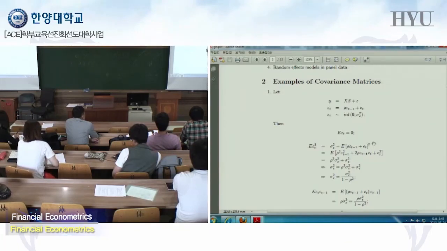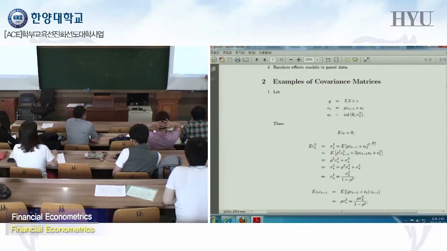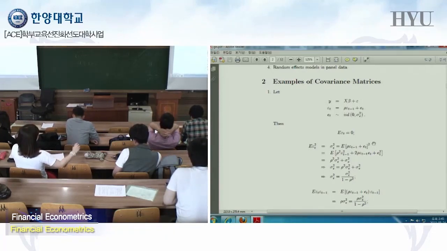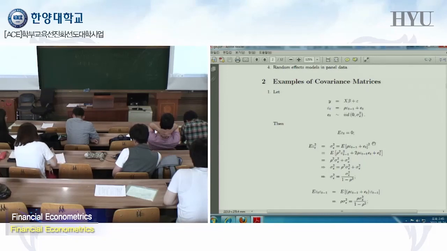Okay? It's just 1 period ago. So that's why we call it the AR1 model. If it has a correlation term like epsilon t minus 2, which means epsilon t has correlation or covariance with 2 periods ago, then we call this kind of model the AR2 model, autocorrelation with degree 2.